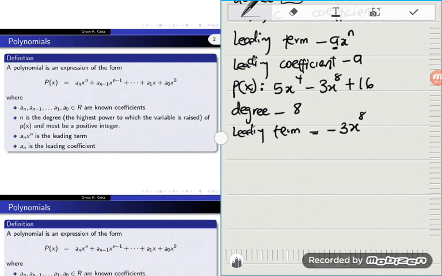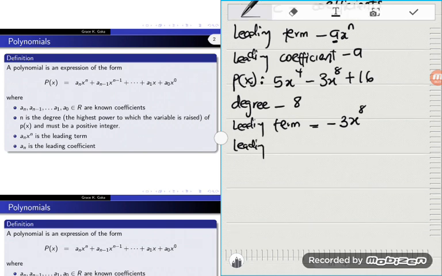Not 3x to the power 8, but minus 3x to the power 8. If minus 3x to the power 8 is the leading term, then the leading coefficient of the polynomial becomes minus 3.